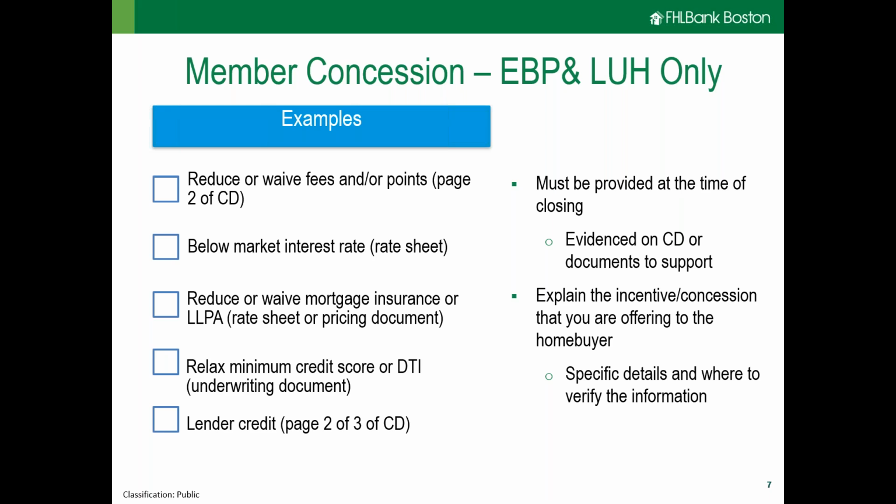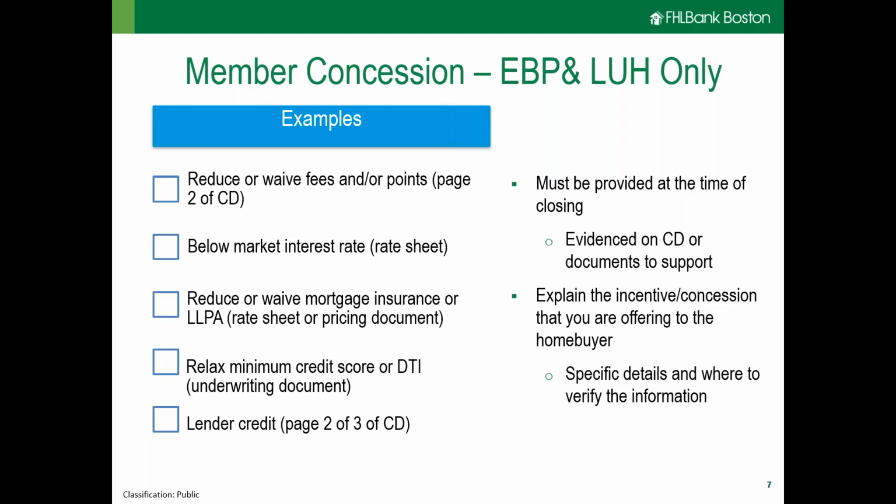That would require a rate sheet or some pricing documentation. Maybe your institution is relaxing your minimum credit score or your debt to income ratio. So maybe you have some sort of memo or underwriting document that can correlate what you typically require and then what you are allowing specifically for your grant recipient.